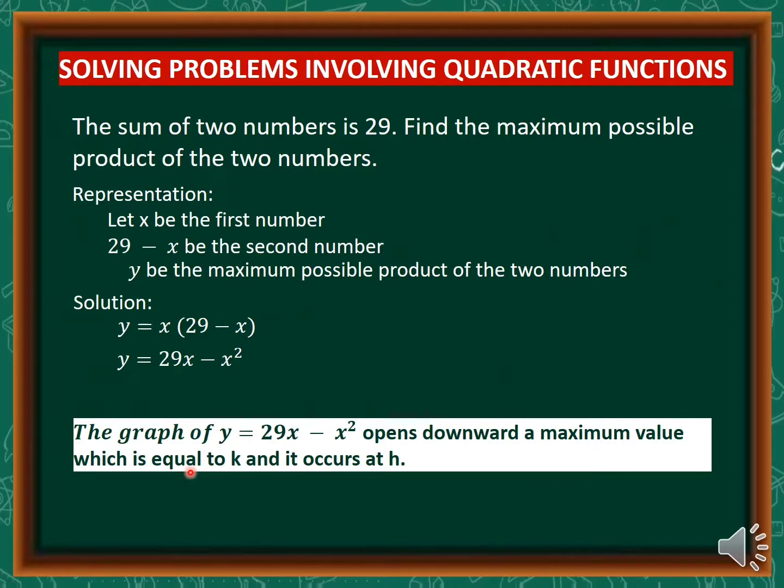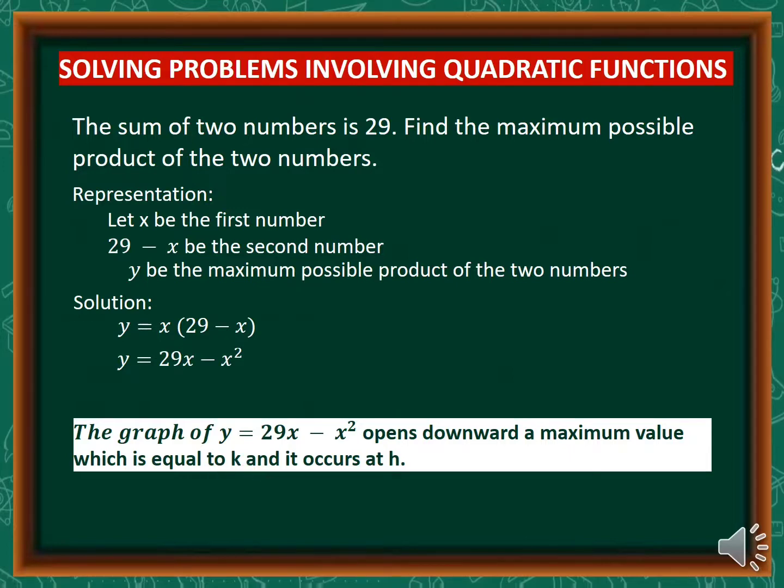That is the value of y. Kung ano yung y-axis natin, di ba? So, therefore, maximum value is equal to k. Sa (h, k), k is our y value. And it occurs at h. Of course, yung h pa rin ang nagsasabi kung ano yung number na yun. Pero, the maximum value is equal to our k.